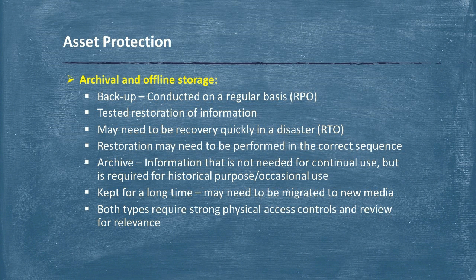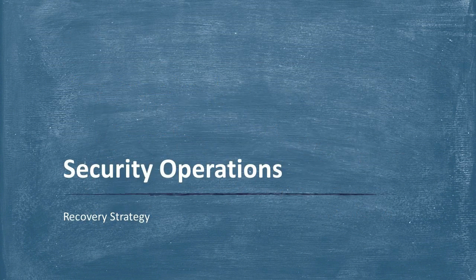For example, these floppy disks are no longer in use. If somebody has kept a floppy disk from 30 years ago, unless they have migrated to a new media, they may not be able to retrieve it now. That is one example. Both types require strong physical access control and review for relevance.